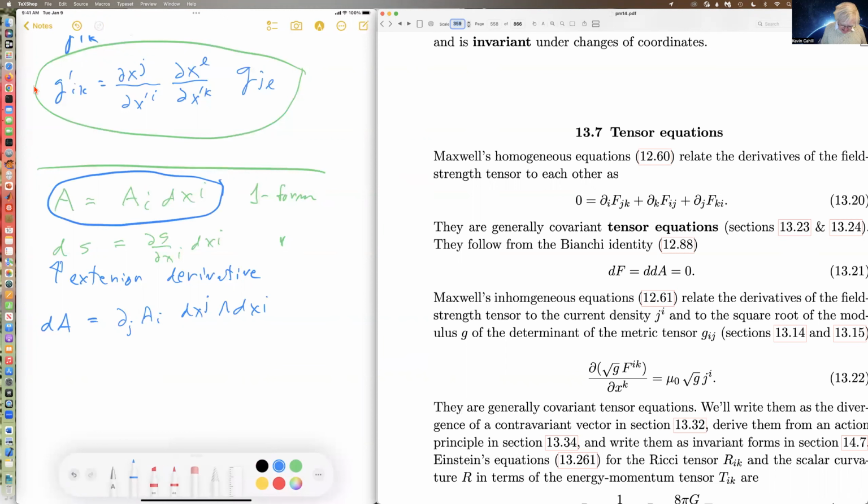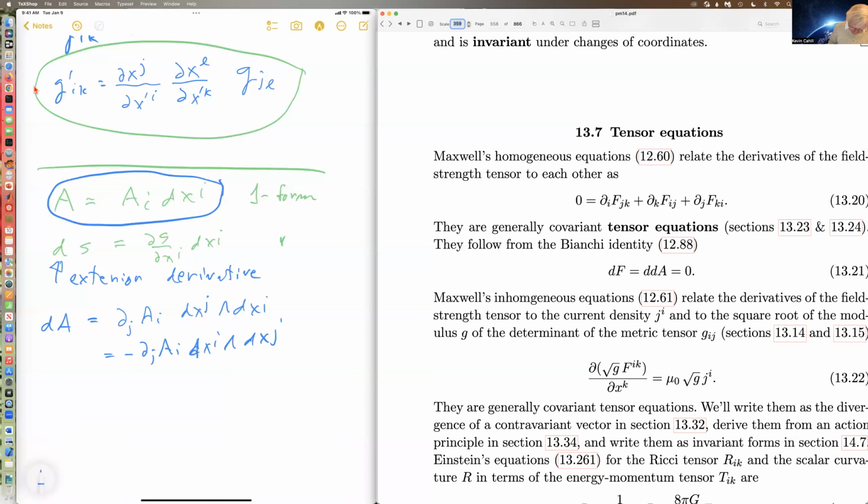So in other words, I'm using this formula for A. A is Ai dxi, and the exterior derivative hits the A with a dj, and then hits the dxi with a wedge dxj. And what this wedge does is it's anti-symmetric. So this is the same thing as minus djAi dxi wedge dxj. And of course, we're summing over i and j.